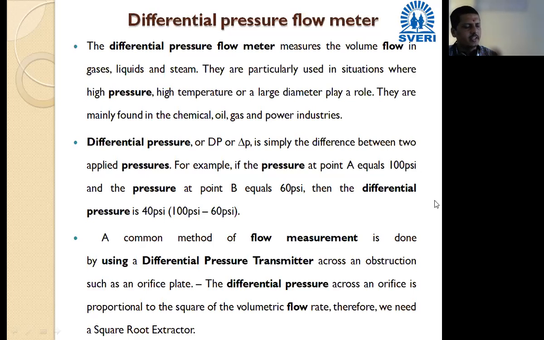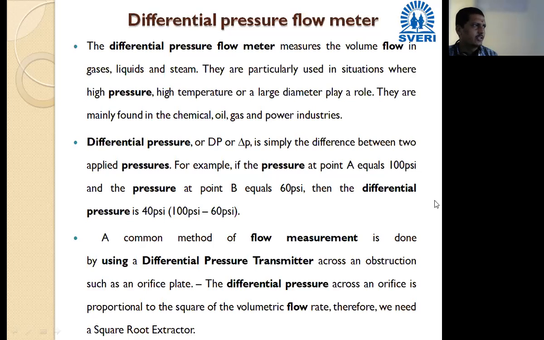A common method of flow measurement is done by using a differential pressure transmitter across an obstruction.